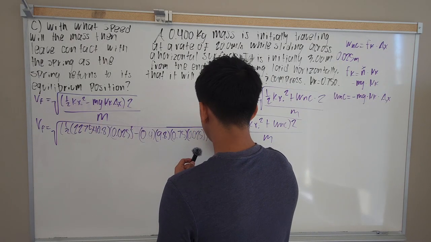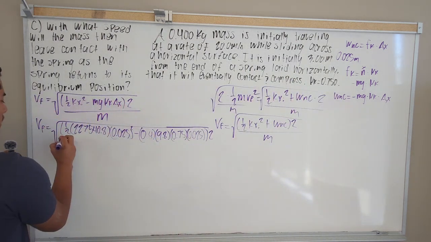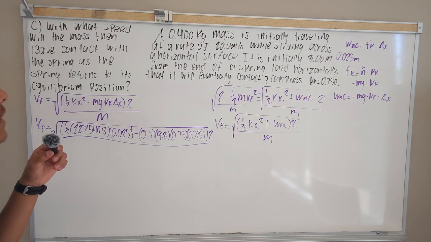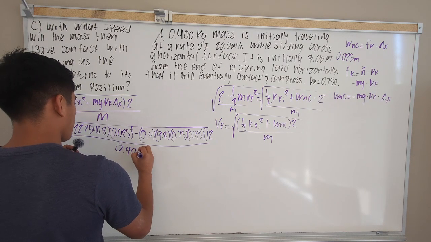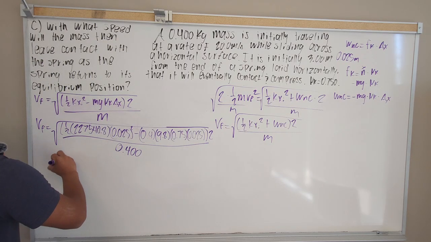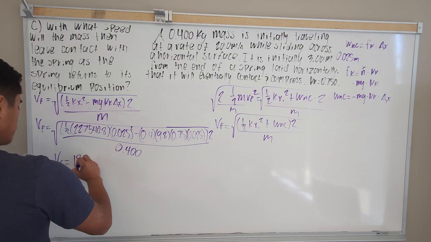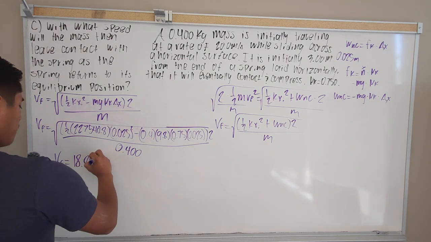All of that multiplied by 2, and then all of that divided by m, which is 0.4. And you'll get a final answer of the final velocity is equal to 18.845.